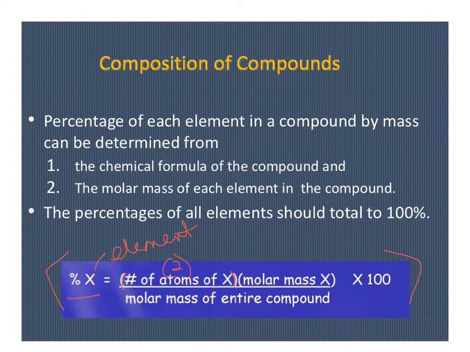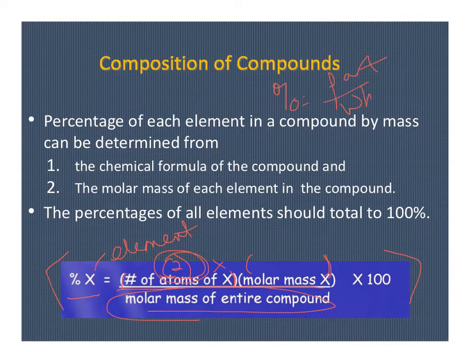Times the molar mass of that same element, divided by the molar mass of the entire compound. Percent is always part over whole times 100, okay? In this case, the part is the mass of a certain element and the whole is the mass of the entire compound.